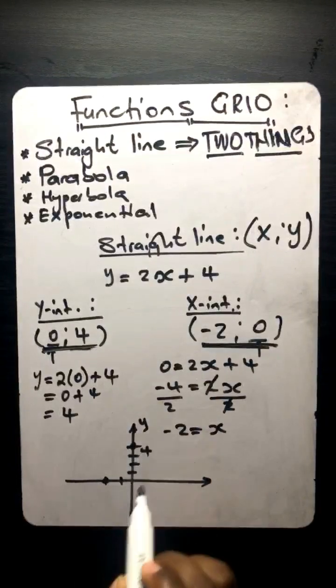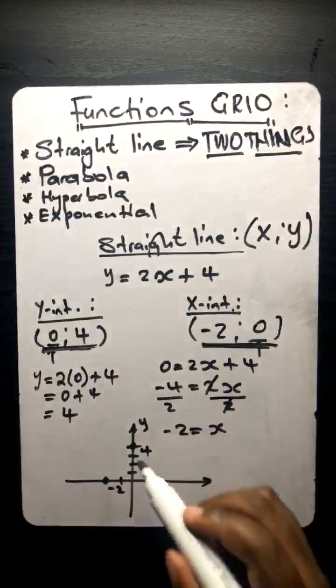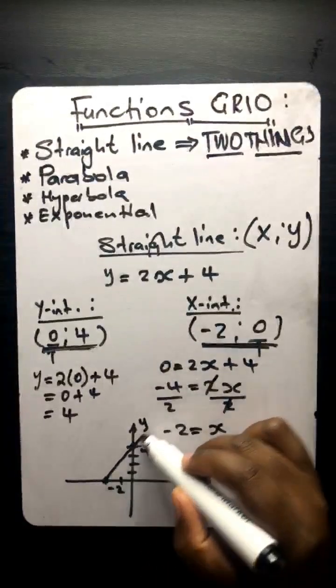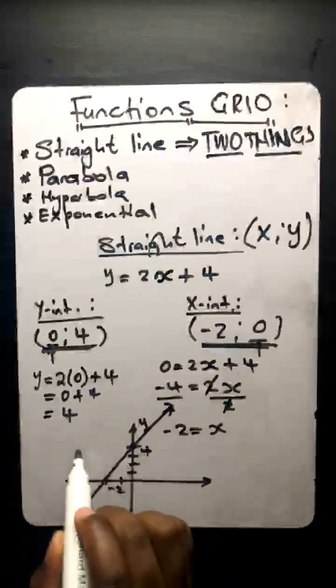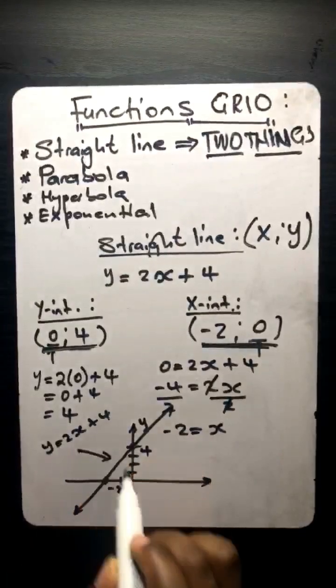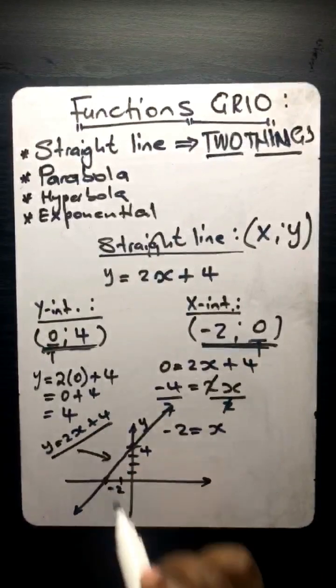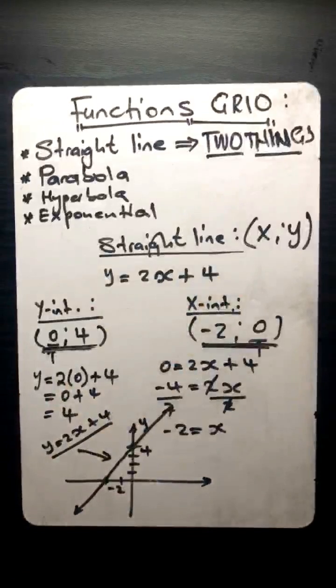So you have that point there being 4, you have this one being -2. What you need to do is to take a ruler and then you join those 2 points. So that is your straight line, which is y equals 2x plus 4. So you plot when you are given an equation.